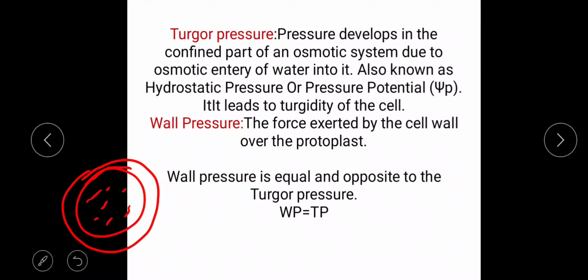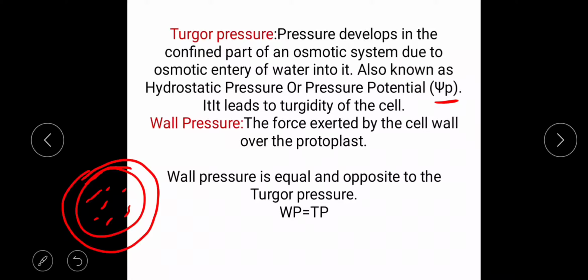Turgor pressure is the pressure that develops in a confined part of an osmotic system due to the osmotic entry of water into it, also known as the hydrostatic pressure or the pressure potential, which is represented as psi p. So it leads to the turgidity of the cell.